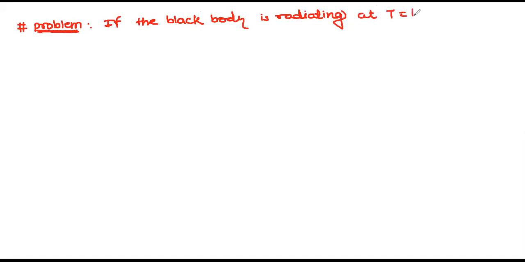If a black body is radiating at T equal to 1650 Kelvin, at what wavelength is the intensity maximum?